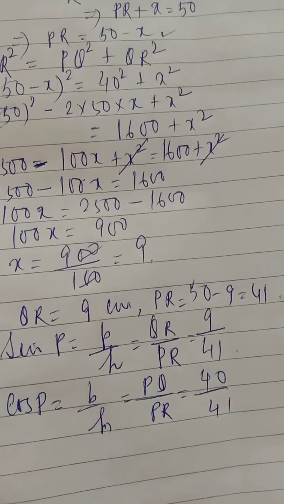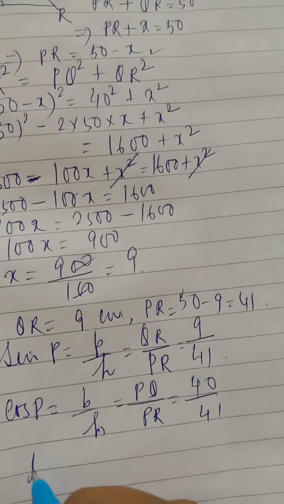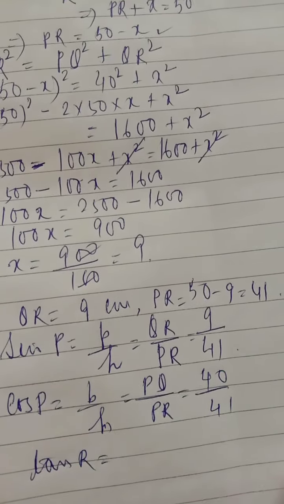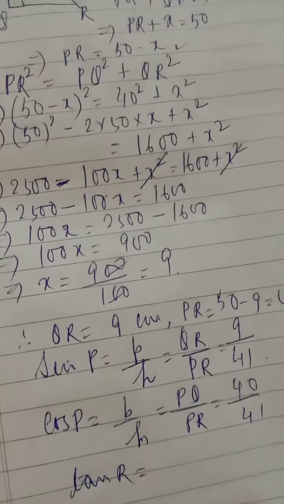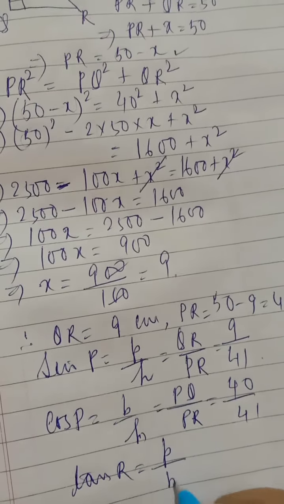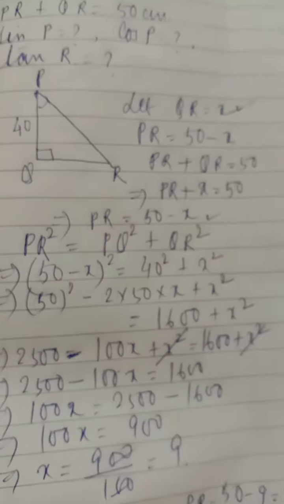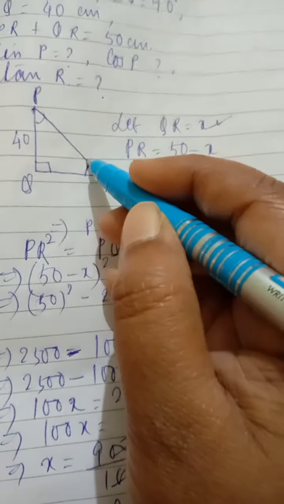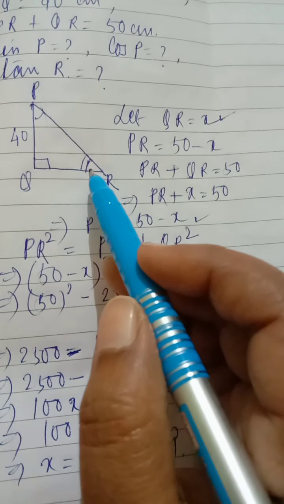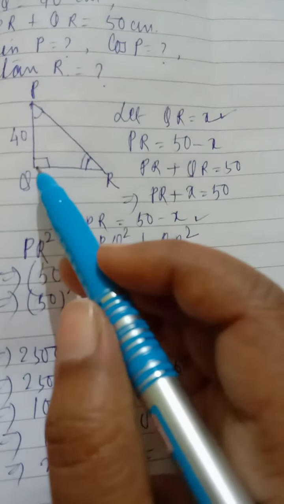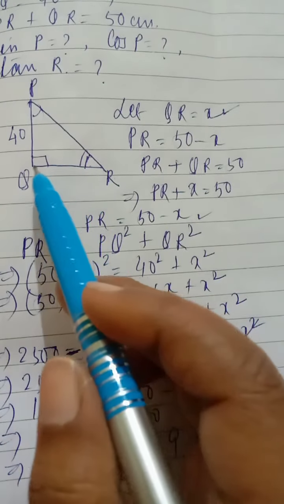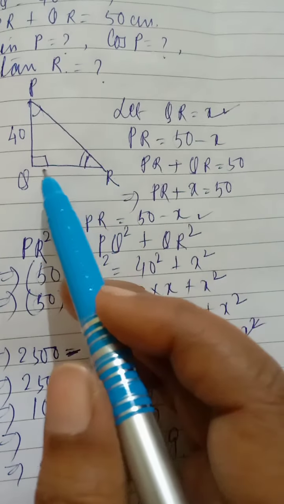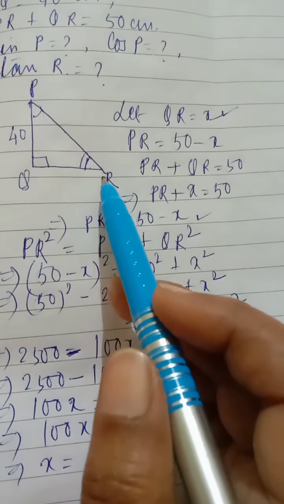Now the next we have to find is tan R. Now the angle changed here. Till here it was P, but now it is tan R. Tan R means we know it's perpendicular by base. So we will see the angle R here. For angle R, just opposite to angle R, this PQ is the perpendicular and QR will be the base, because angle R and 90 degrees are lying on this QR.